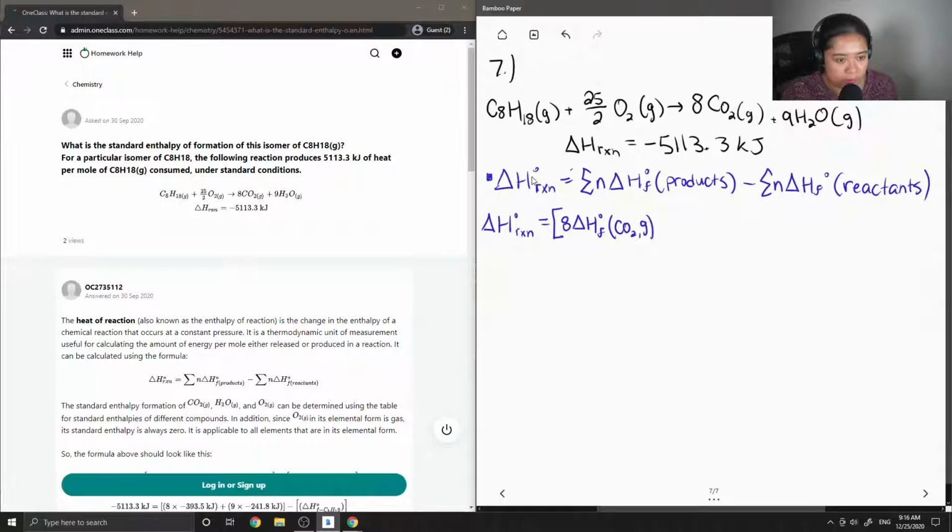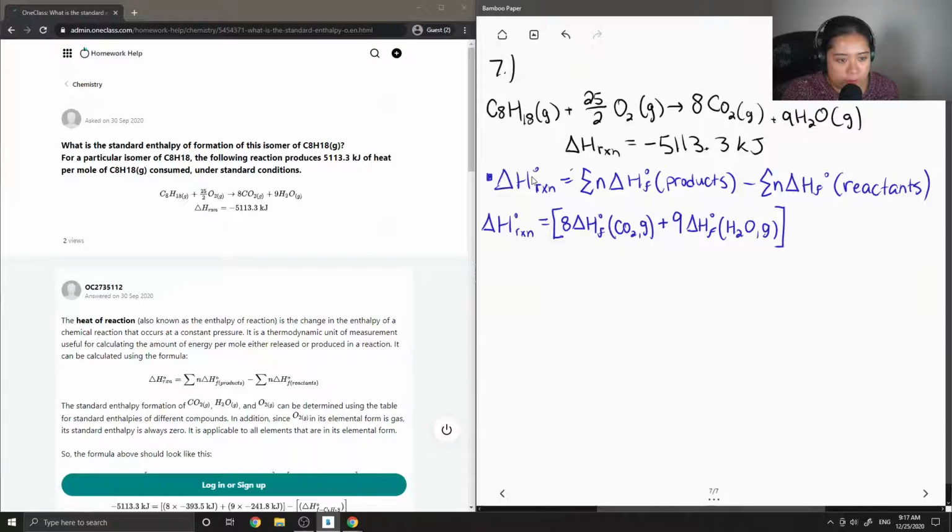So I'm also going to write the state that all of the compounds are in. And this is going to be added to 9 times the delta H of formation of water, so water as a gas. So those are both of our products.